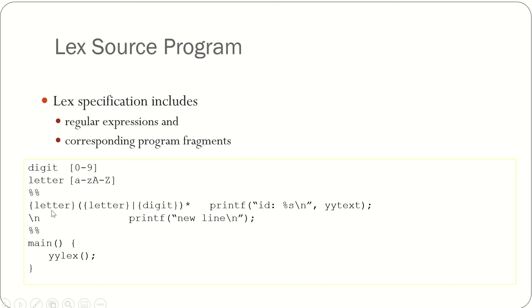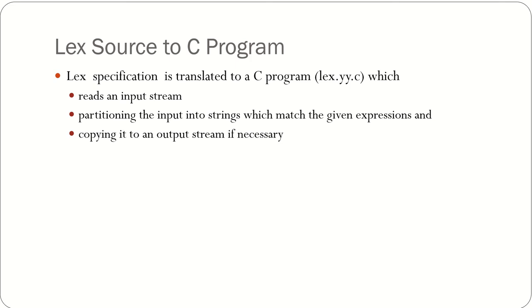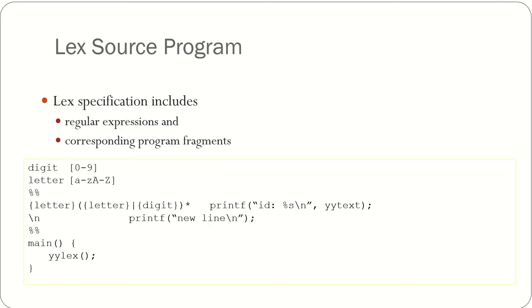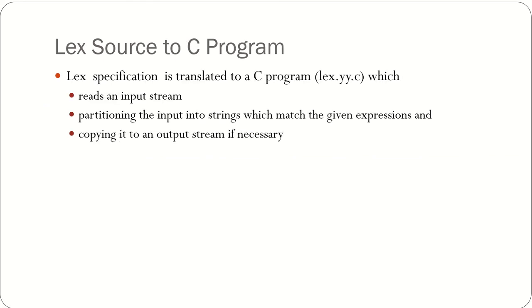Anything which starts with a letter followed by letter or digit will be considered as identifier. This yytext is a built-in variable of Lex which holds the current lexeme found which matches this regular expression. So the regular expression given in this Lex specification will form a token for that particular input given.